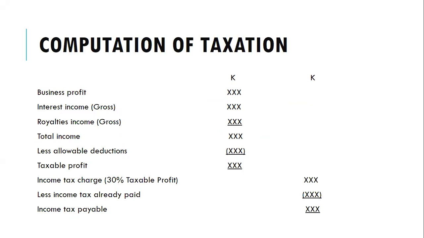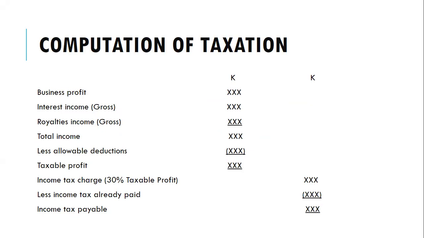So now, how do we compute tax? First of all, you need to get the business profit, and this is the tax adjusted business profit. Number one, you need to calculate the capital allowances as appropriate and relevant. Then after that, you need to calculate the taxable profit.